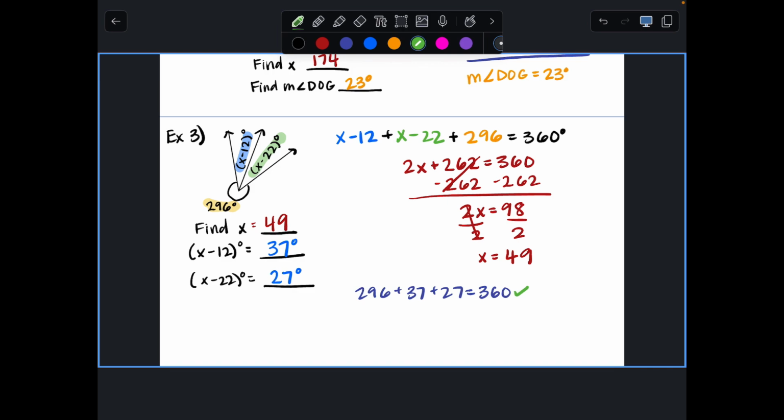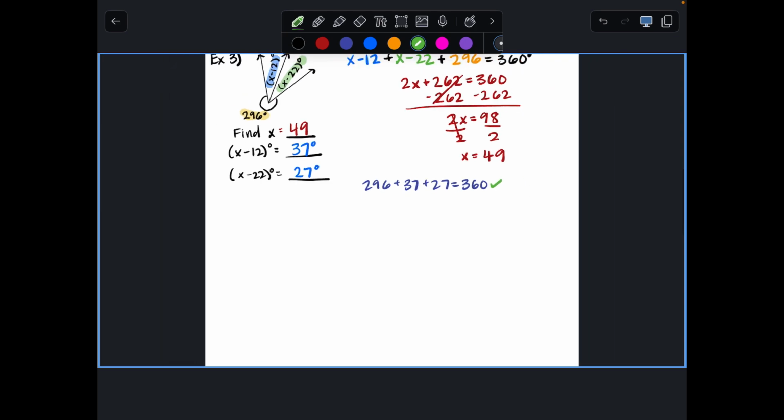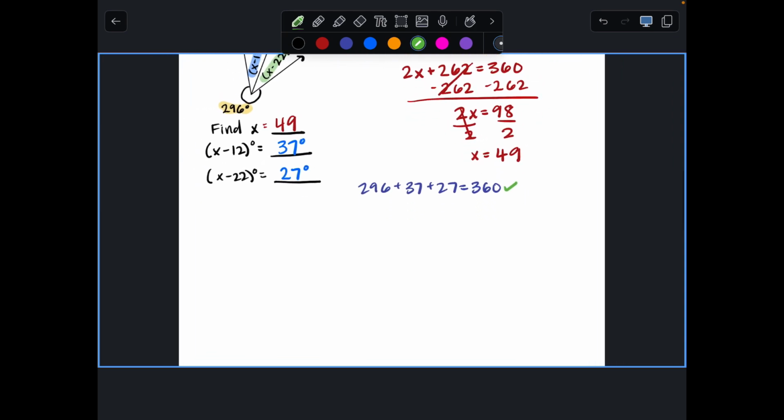Okay, last example. We have 3 intersecting lines here.